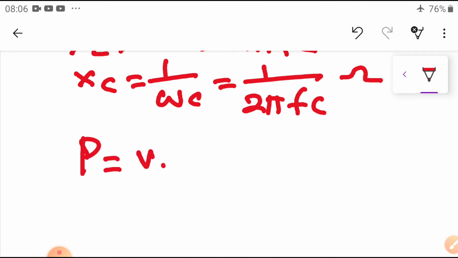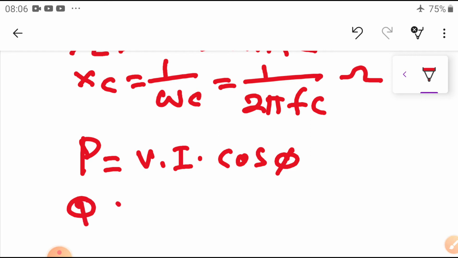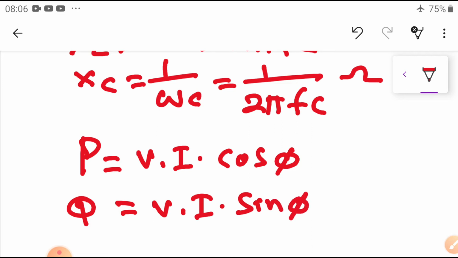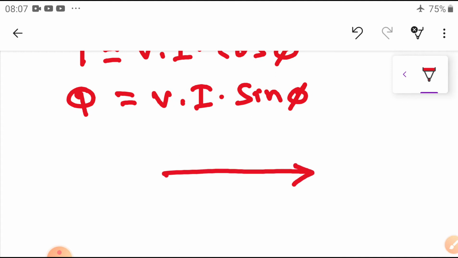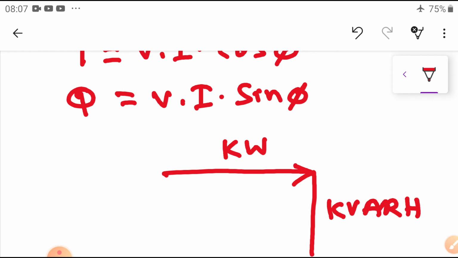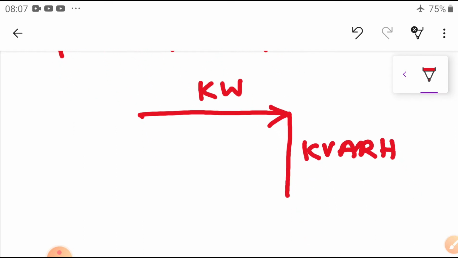And at the same time we have seen that the power is equal to V into I into cosine of the angle between these two, whereas the reactive power is equal to V into I into sine of the angle between these two. And power angles also we have seen: this is the active power in kilowatts, this is the reactive power in kVARH, and this is the apparent power in kVA.